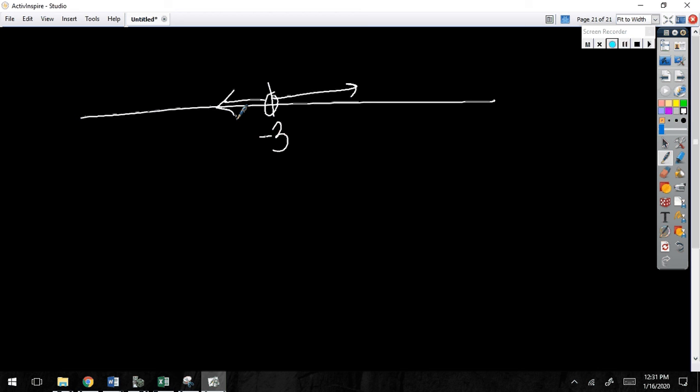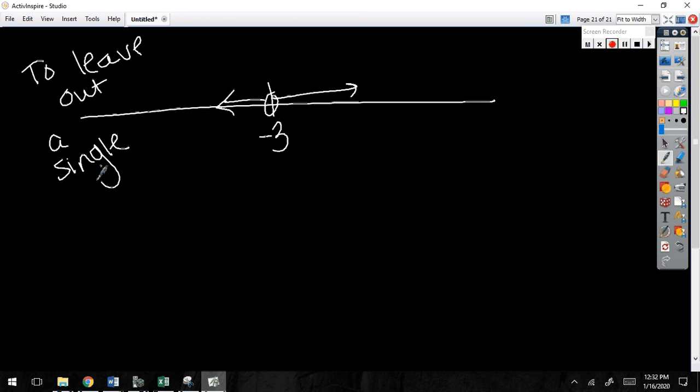Does it have two pieces? So let's write each piece and then join them together with a U. What's the smallest value it can be? -infinity. All right, so we said -infinity.